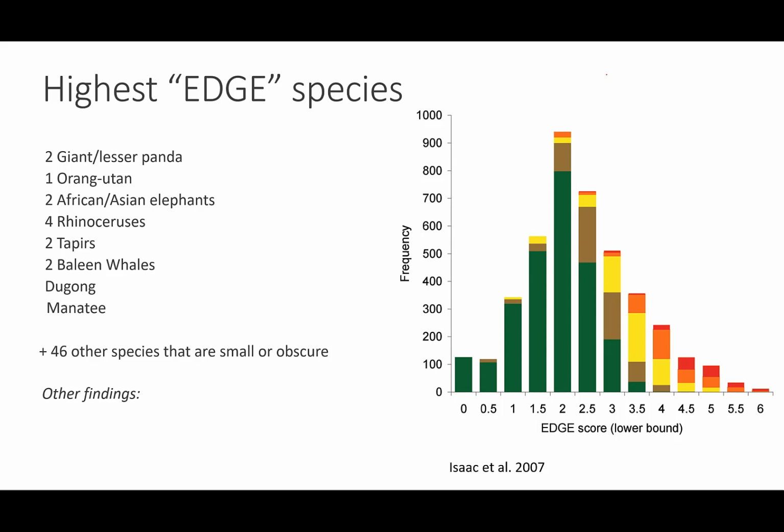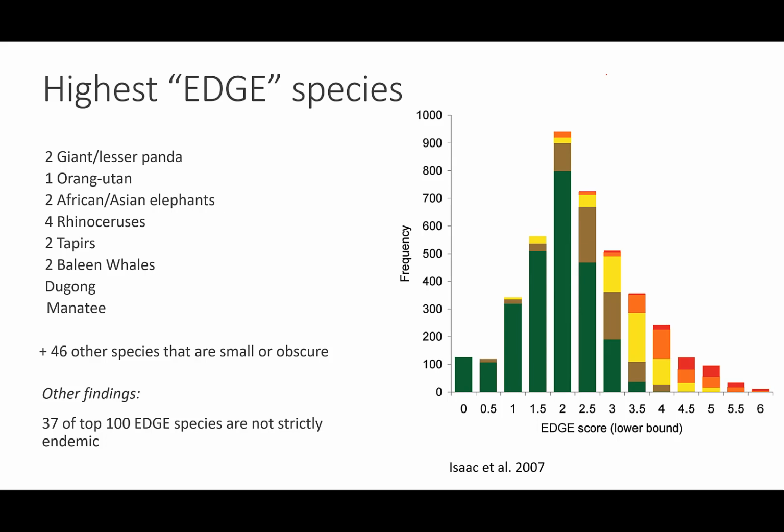And other findings from this particular paper was that 37 of the top 100 EDGE species found in the EDGE analysis are not really strict endemic species. What that means is that they live in areas where their populations might be declining, but they're not defined as endemics.